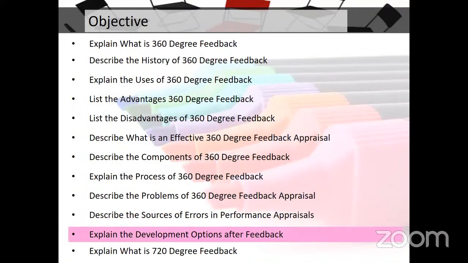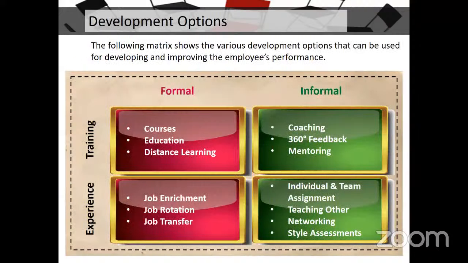Then the second last objective is explaining the development options. What options do we have in terms of developing? You can see from this matrix, once you've undergone the process, you can have the formal and the informal development processes or options.